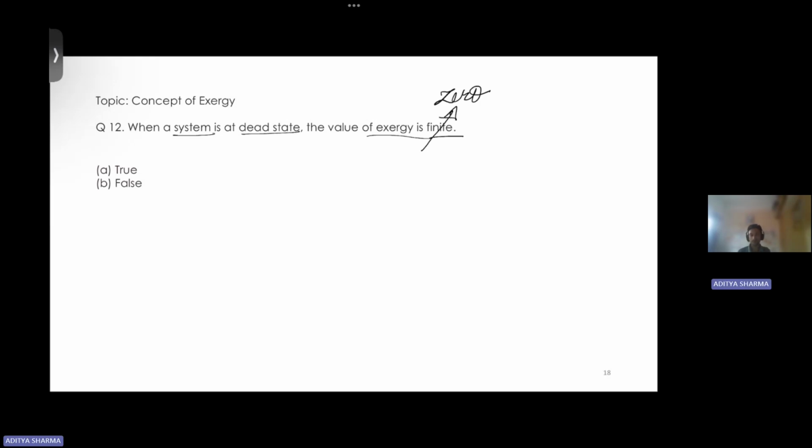So when the system has attained its dead state, exergy is zero. Correct? And because the statement says that it is finite, we will answer it as a false statement, which is also the case.